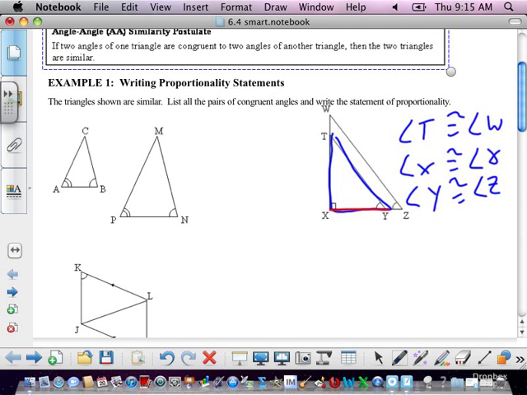Okay, I'm going to put the little over the big like we've done before. So we've got XY, we've got TX, and we've got TY. XY is corresponding to what side? XZ. Okay, let's look at TX.